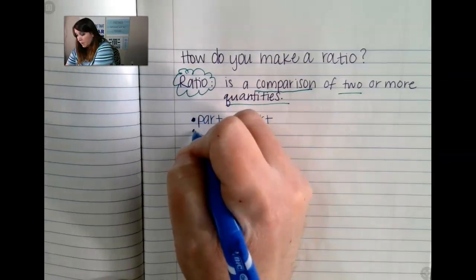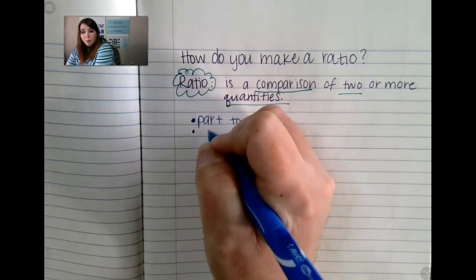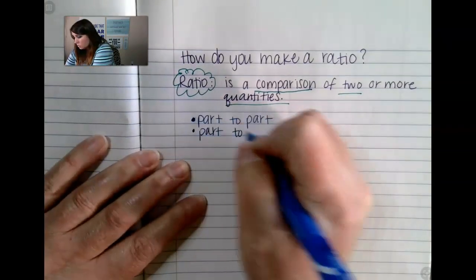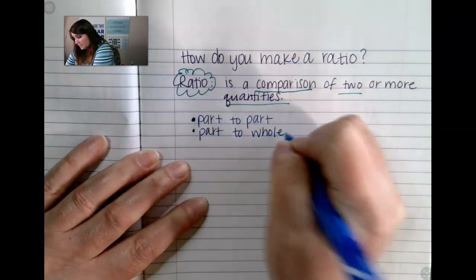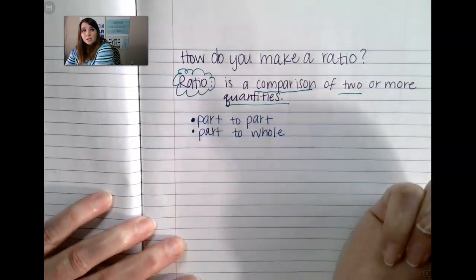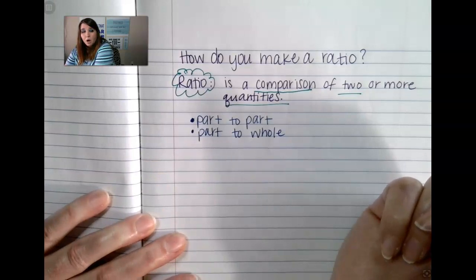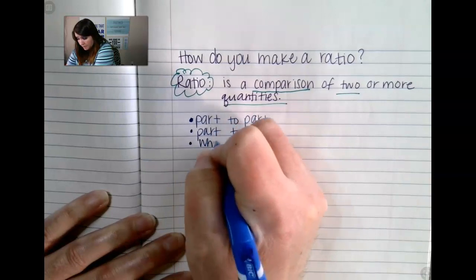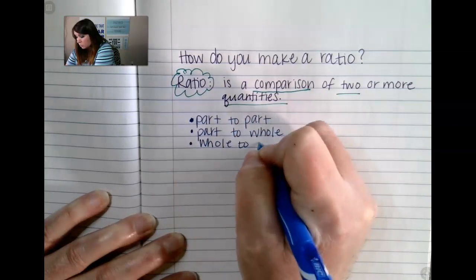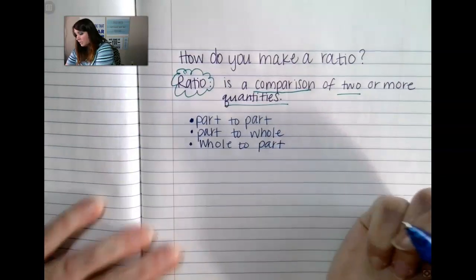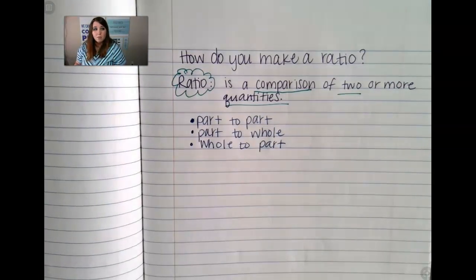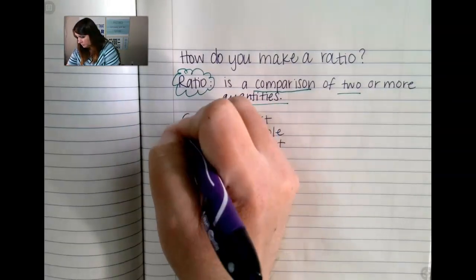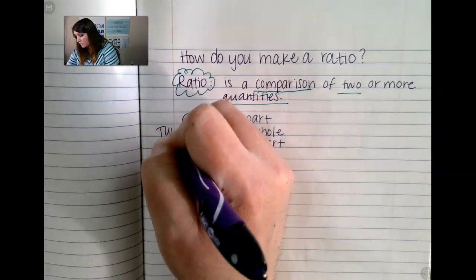We can compare a part to a whole, so a part of something to the whole thing. We can also compare a whole to a part, so like the total of something to just one little part. So these are the types.